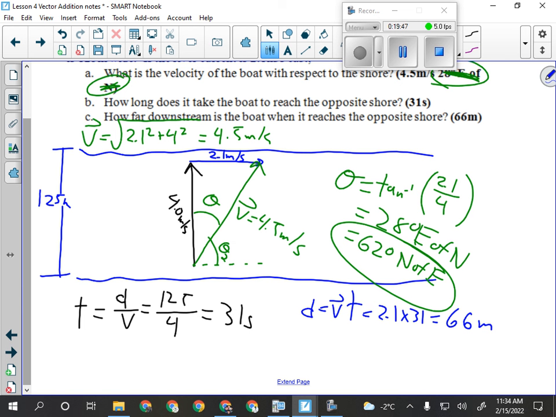Right? If I figured out how far it is to go this way, which I could, I would be using the 31 seconds. All three of these take 31 seconds to get to the other side. But because this one's longer than 125, it also has to be faster than 4.